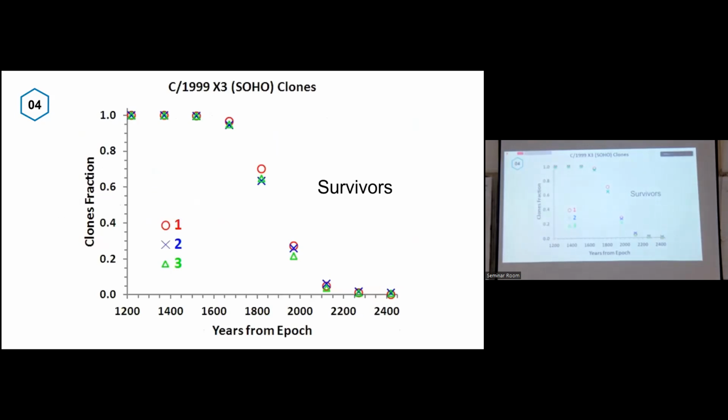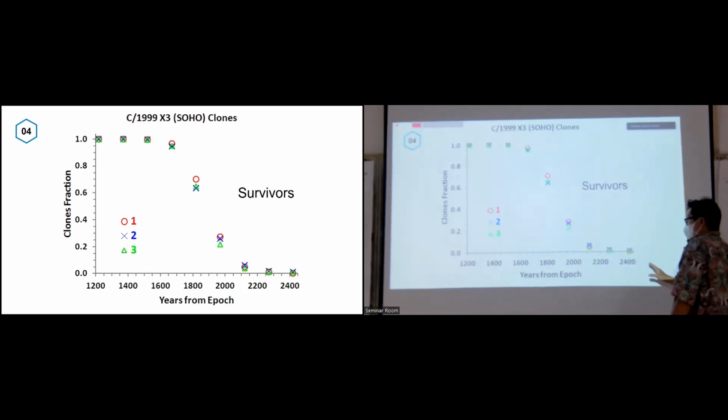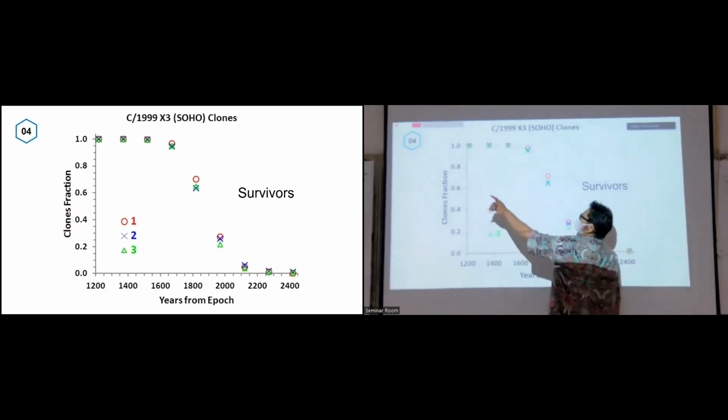Now, I made 3 models, the red 1, 2, and 3, and in all of them, many objects mimic the comet, 1,000 objects for each model, integrated for more than 2,000 or 3,000 years from the epoch.